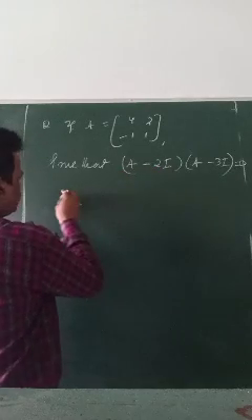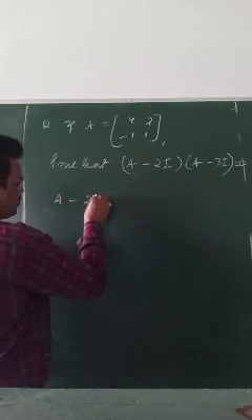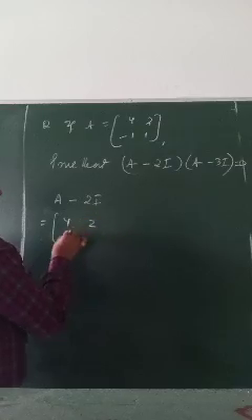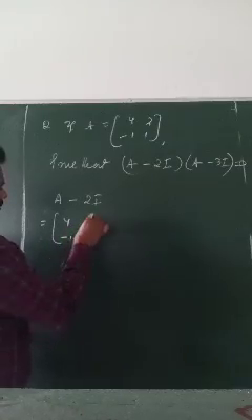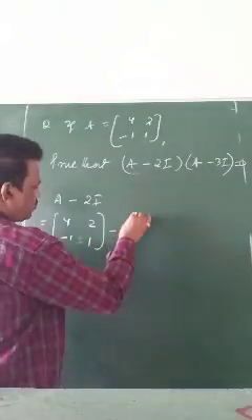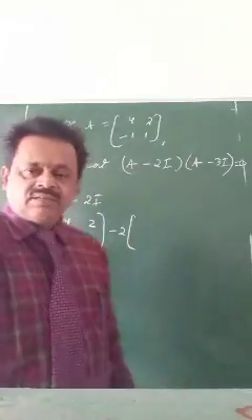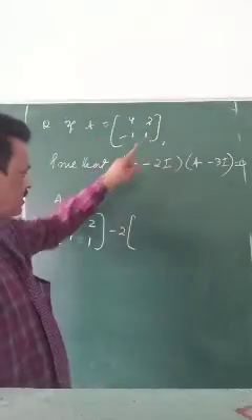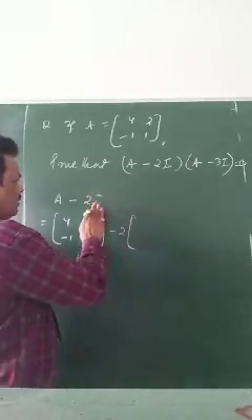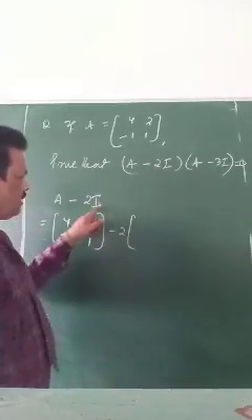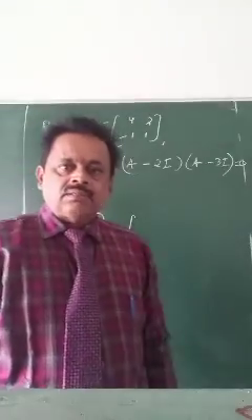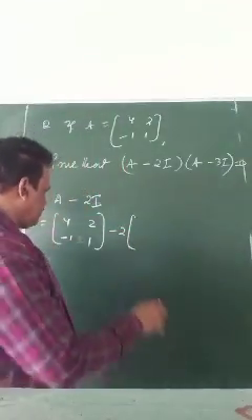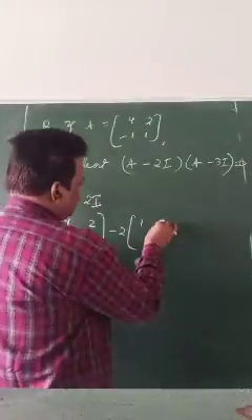What is A minus 2I? Find out. A minus 2I is [4 2; minus 1 1] minus 2 times I. Subtraction is defined when the order is the same. This is a 2 by 2 matrix, so your I will be a 2 by 2 matrix, which means it is [1 0; 0 1].